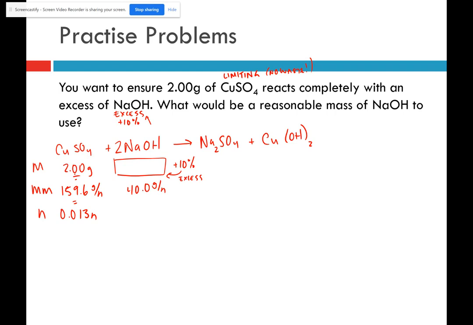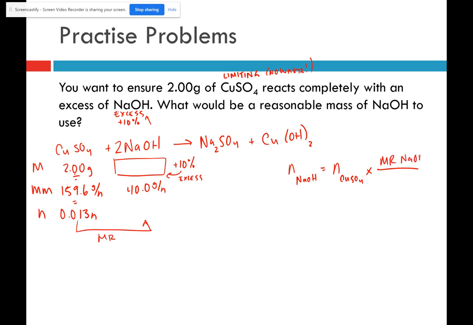Okay, so to get how many moles of sodium hydroxide we would need, we're going to use mole ratios we did yesterday because we're trying to get up to this top floor. So we want to know moles of sodium hydroxide. We only know moles of copper sulfate. So we're going to multiply that by our mole ratios.